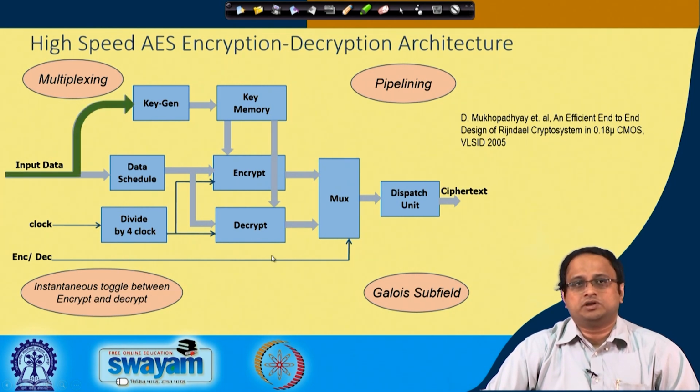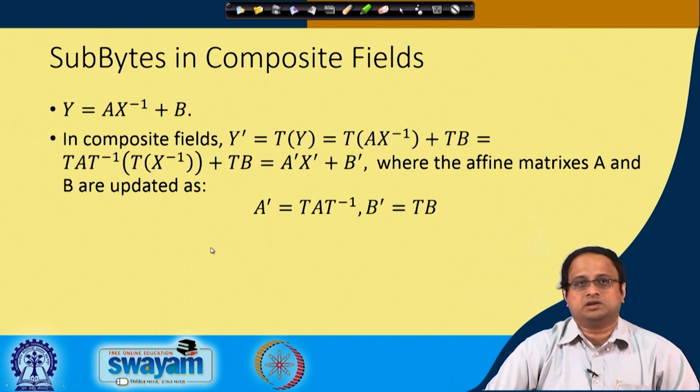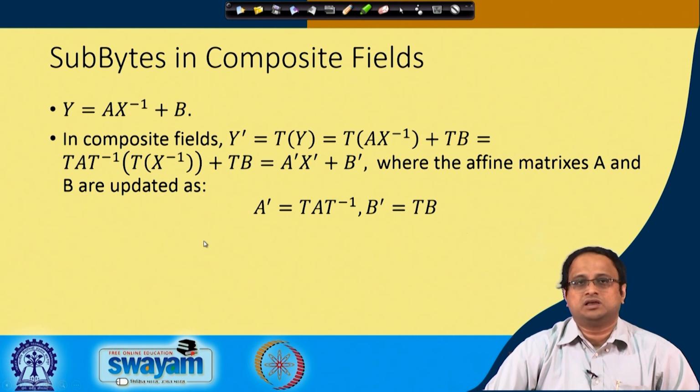So when you are doing encryption, one part of the circuit gets active, but when you are doing decryption, the modes get reversed, because now the input will be a cipher text and the decryption unit should be able to decrypt on the fly and give you the result, which is your plain text. But one important thing, as I mentioned, is that the entire thing now has to be represented in the composite field.